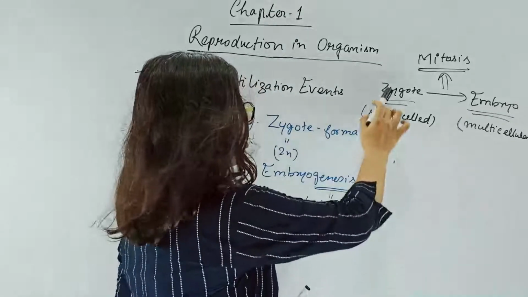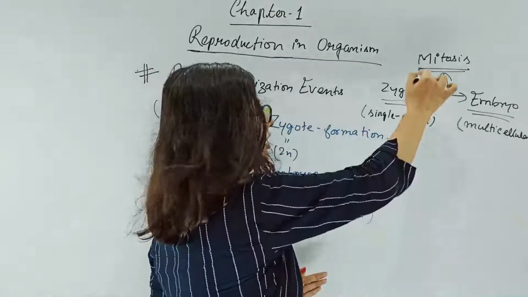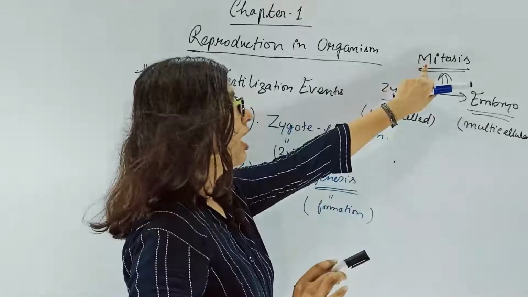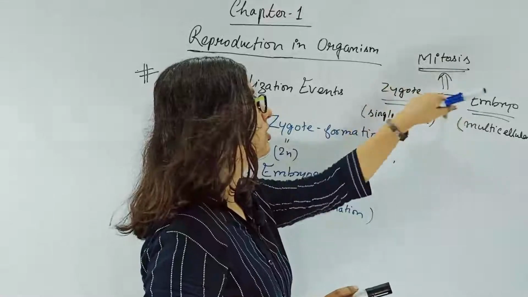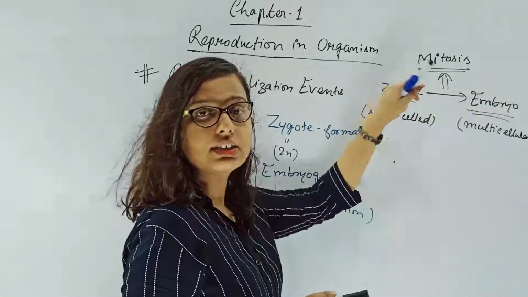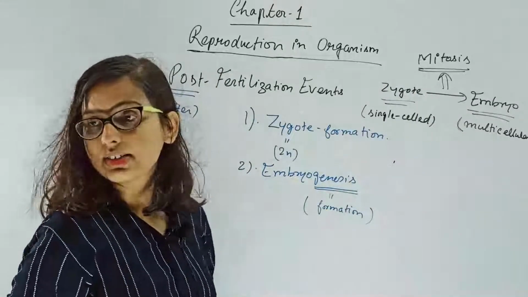This is one cell. This is many cells, multicellular. So in the zygote, mitosis occurs. After mitosis, the embryo is formed. So the chromosome number is same as in case of zygote. In every cell of the embryo, there is same number of chromosomes. So this is how embryogenesis takes place.